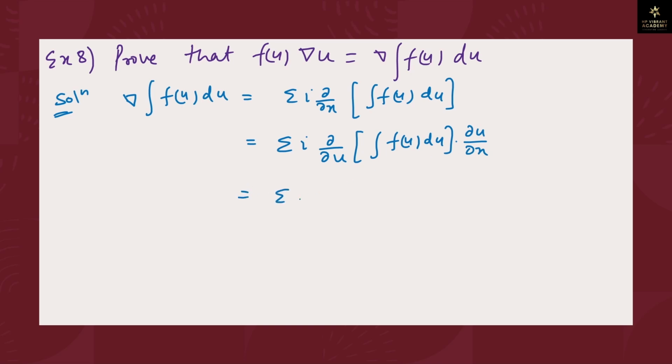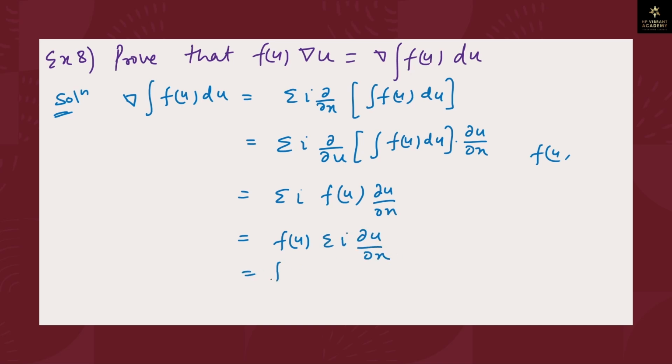So this is summation i. Differentiation of this integral with respect to u is f u. This is f u into del u upon del x. Okay, so f of u, function of u, we can take outside. So this is f of u into summation i del u upon del x.